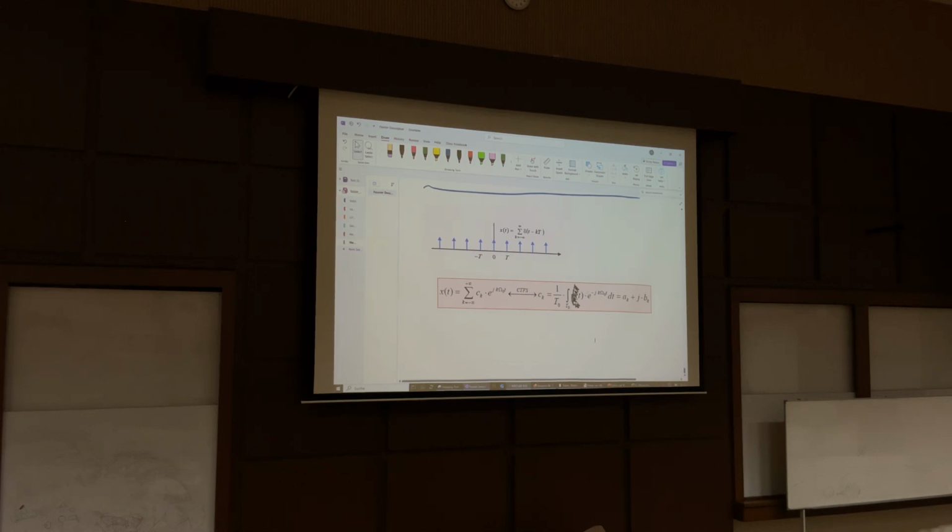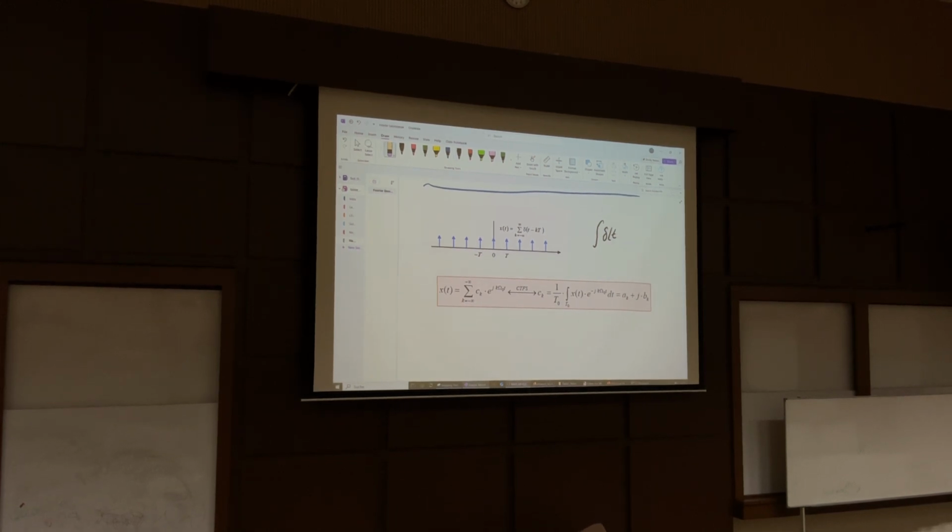The integral over delta times something, now the integral over delta of t minus t0, for example, times f of t dt, that is f of t0.